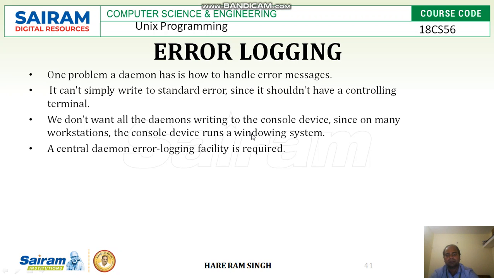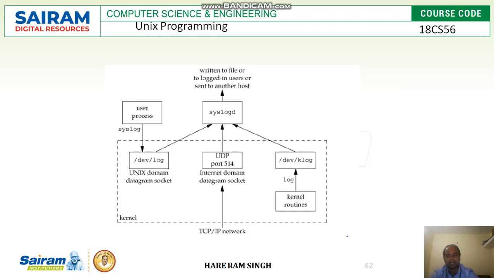Now see here how to handle the error logging. See in this diagram. Here the error logging can be handled using a function called syslogd. So how does it handle it?